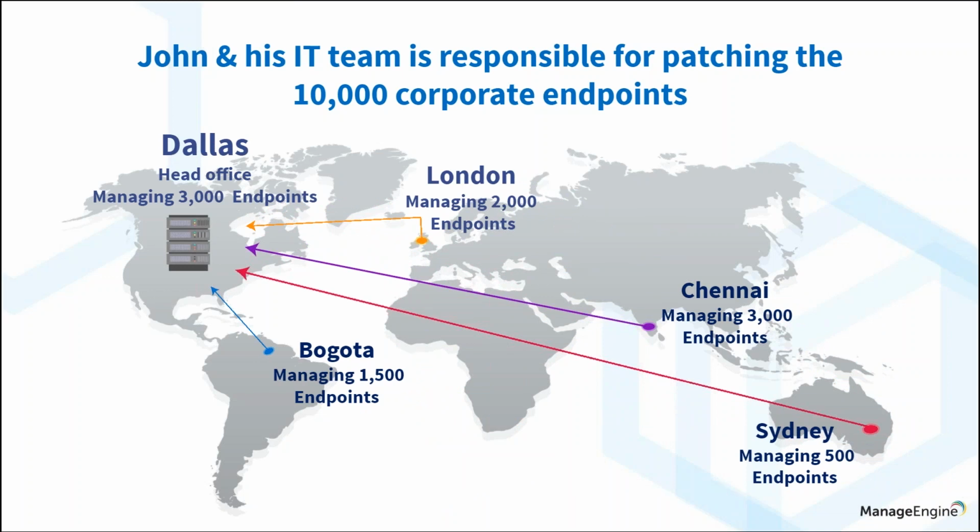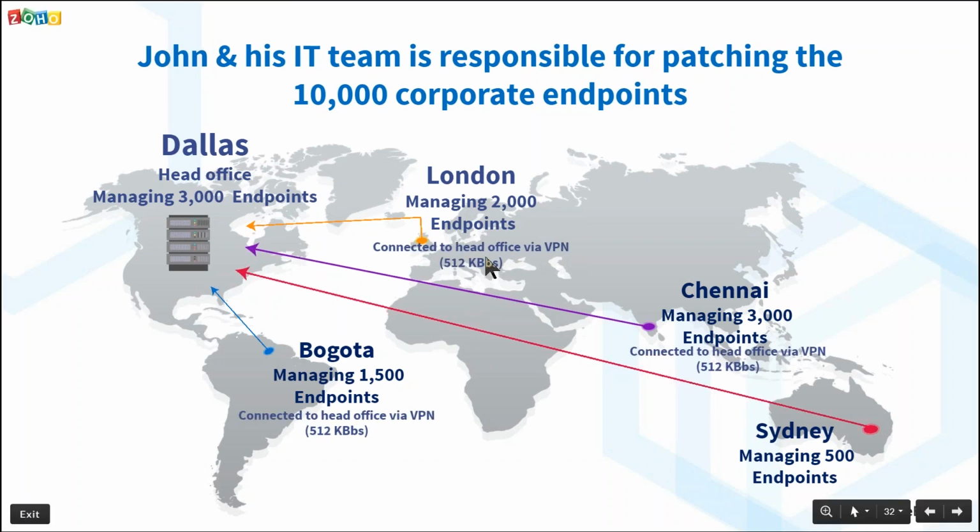He also manages machines in an environment which has lesser bandwidth. As you can see, this is connected to the head office via VPN, and it has only 512 kbps as a bandwidth. So we're going to see how to manage this entire environment using Desktop Central Patch Management.